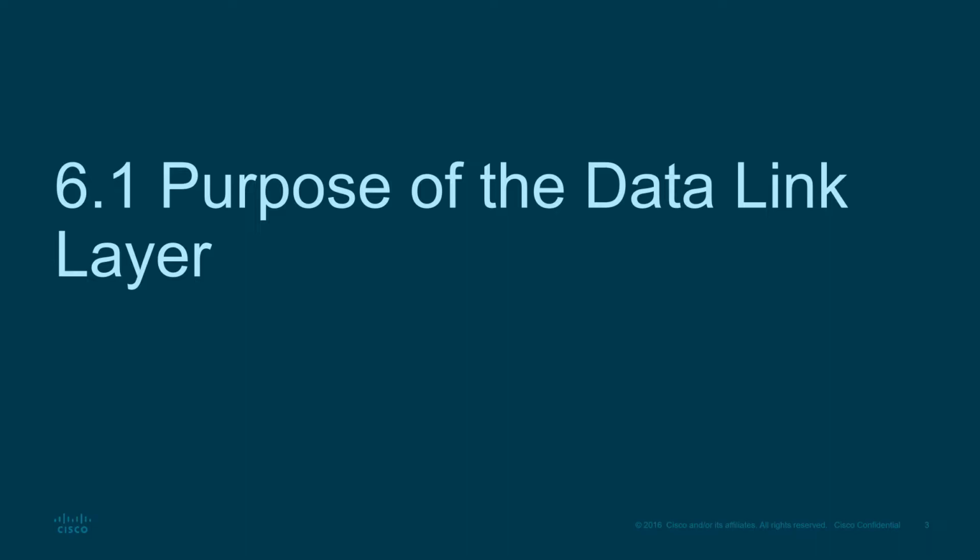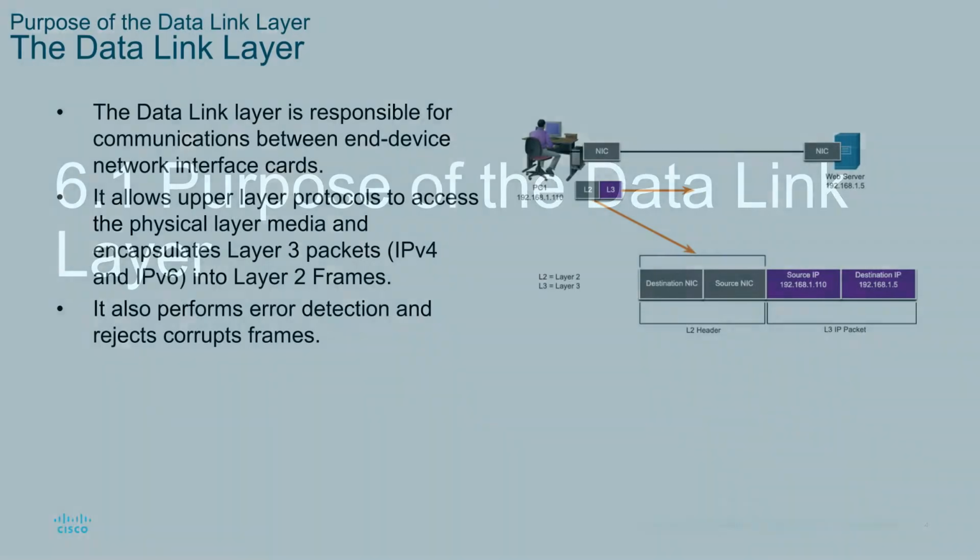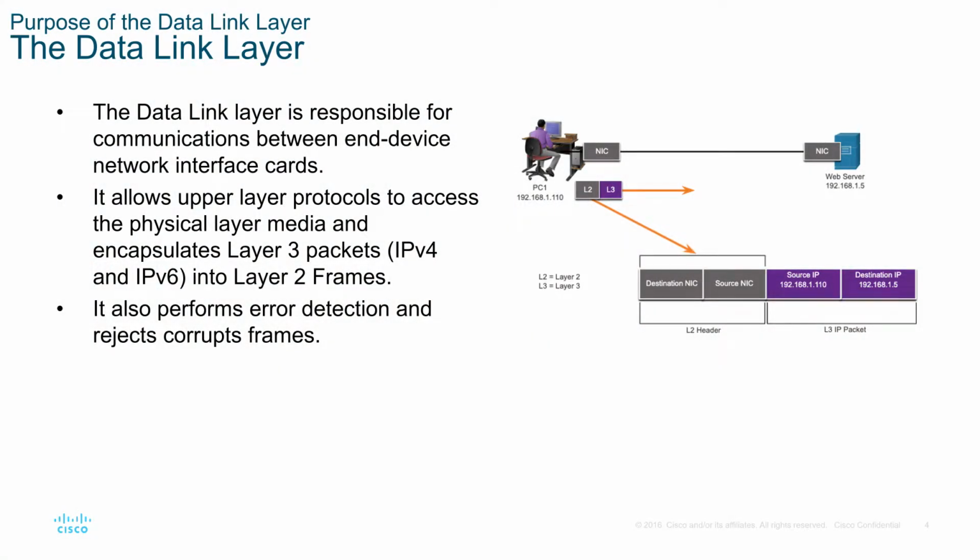The data link layer is layer 2 of the OSI model and is responsible for putting data out onto the network via the physical layer, which is layer 1. So the data link layer is responsible for the communications between end device network cards.